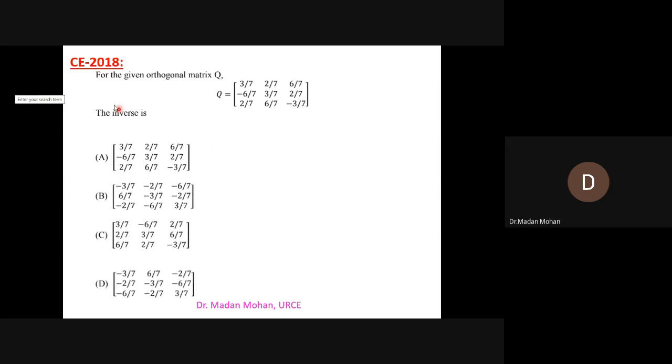Next. The problem given for civil engineering in 2018 in GATE examination. For the given orthogonal matrix Q, 9 entries given, what is the inverse? Inverse of this matrix you are asked.